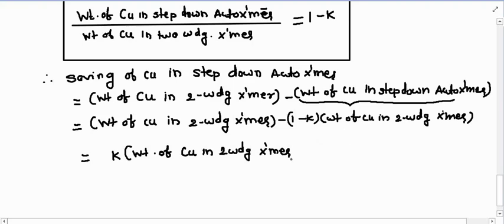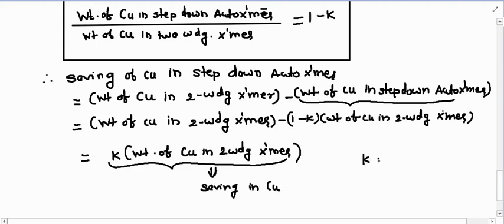Weight of copper in two winding transformer I will take common. So it will be 1 minus 1 plus K. So 1 will get cancelled and I will get K into weight of copper in two winding transformer. So that this is the saving in copper. This will be the saving in copper.